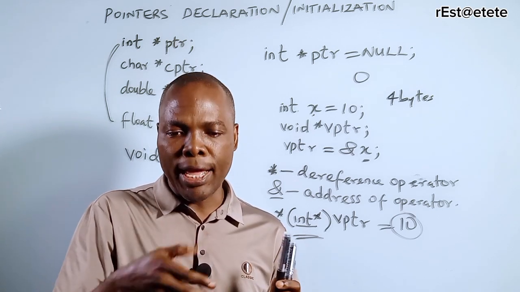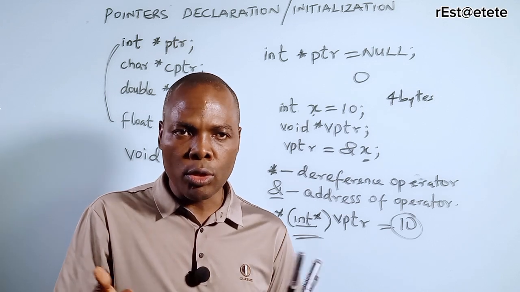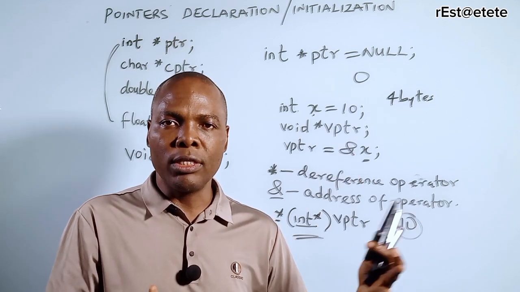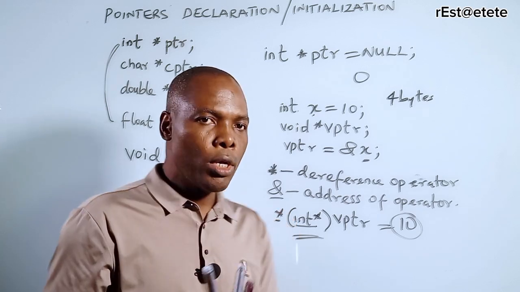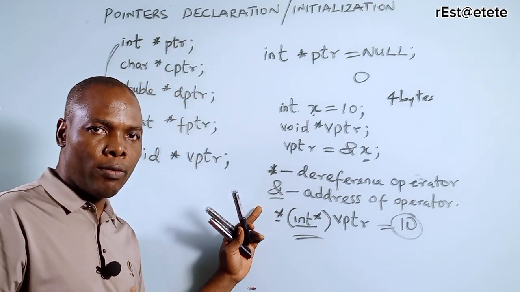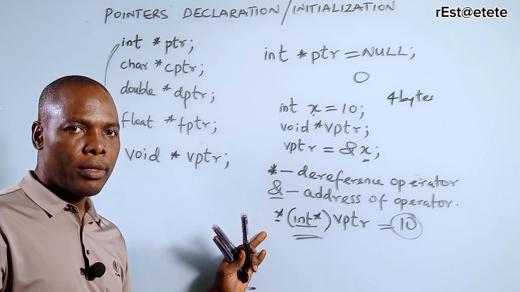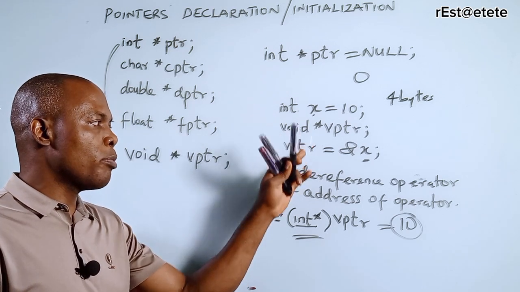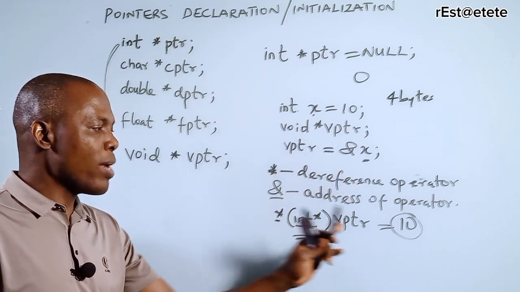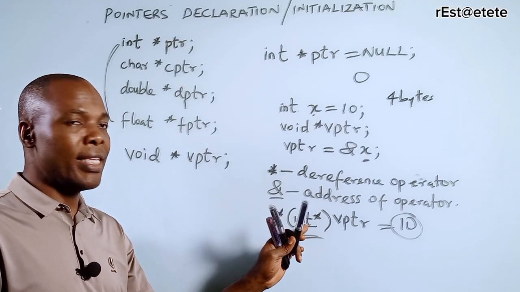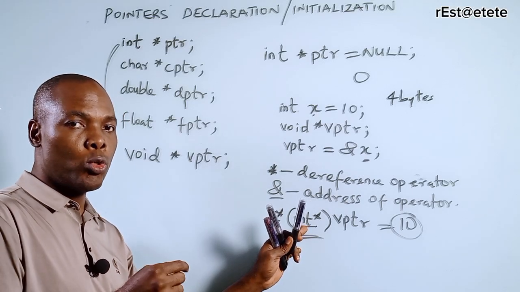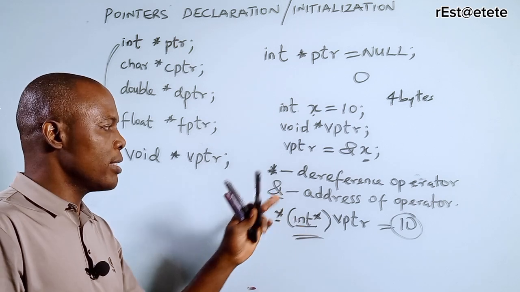Because if you don't do that and you just press the button, the remote will not know whether to send the signal to the TV, the radio, or the projector. So that is an example of a void pointer. When you declare a void pointer and you point it to this, when you want to access the value, you have to specify that it is an integer that I want you to go to. So that is the concept.